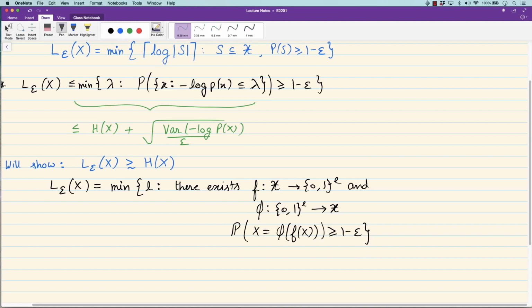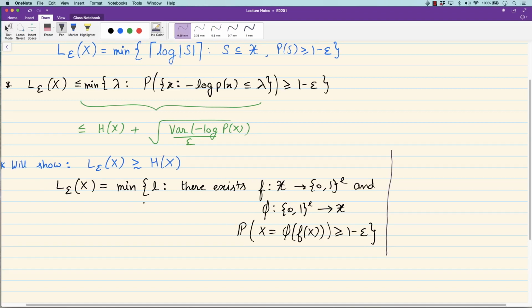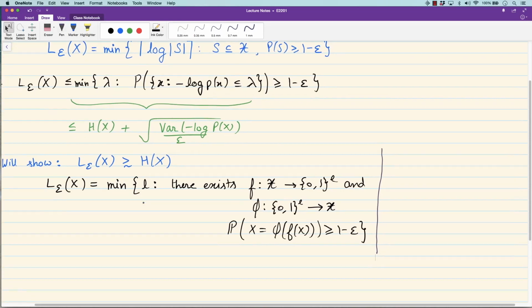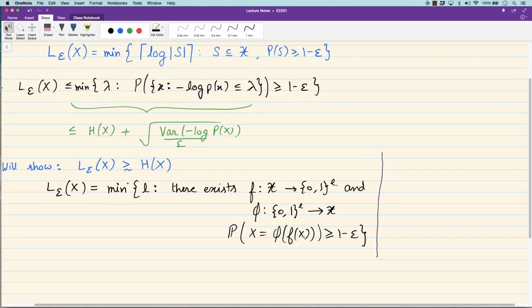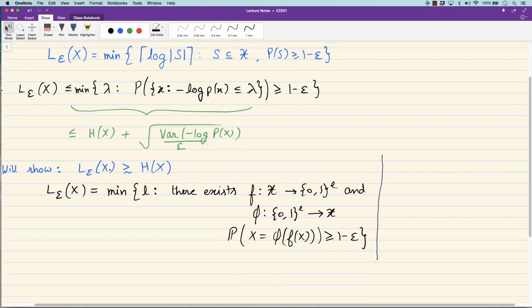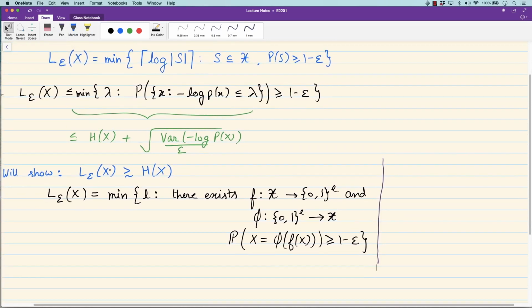Whenever you see an inequality like this, you should imagine two parts: an upper bound and a lower bound, and you would like to show that both of them coincide. So let's first try to show that L epsilon x is less than or equal to this minimum L. Or maybe the other way around: let's try to show that L epsilon x is greater than this.